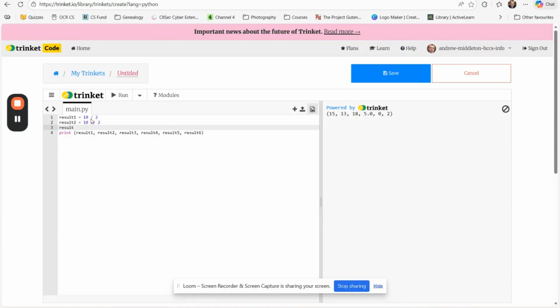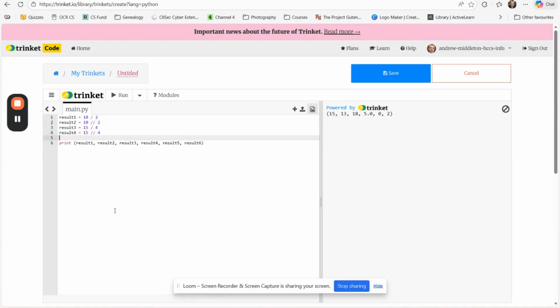And then I'm going to do a different sum. This time result3 is 15 divided by 4, and result4 is 15 divided by 4 with the double slash. I wonder what that double divide is doing. We'll see in a minute, won't we? We're investigating, we're playing, we're working out.